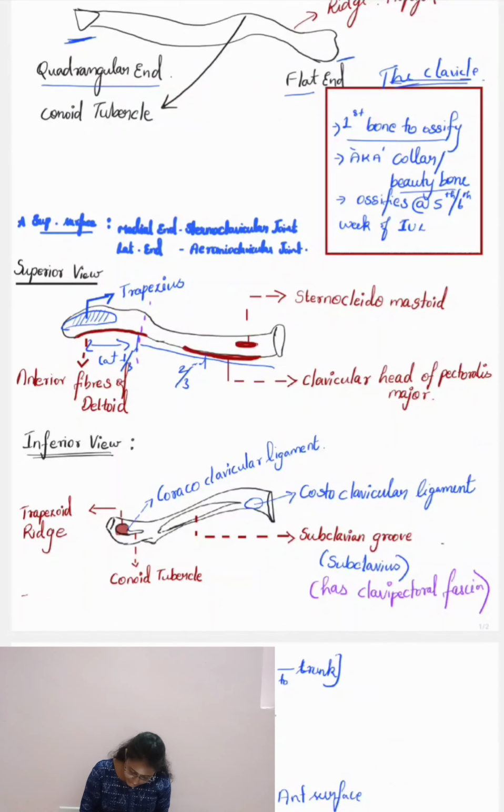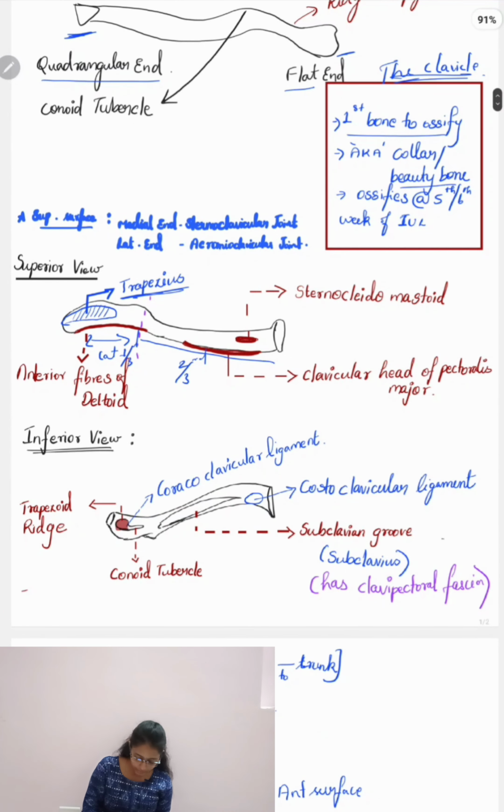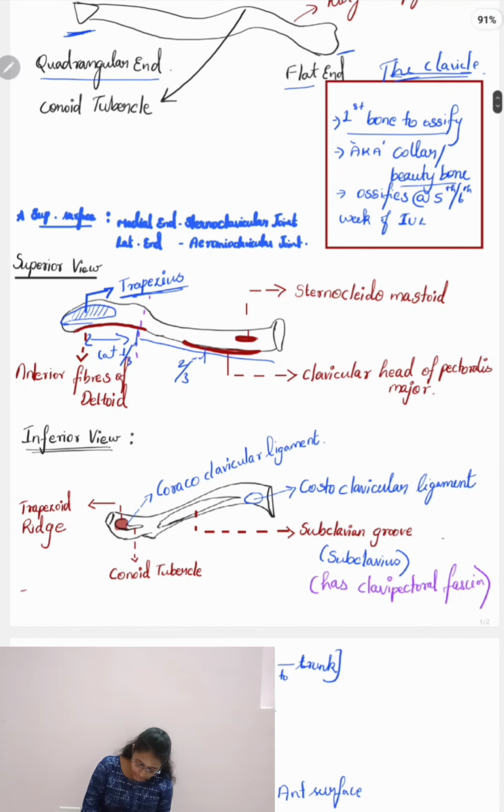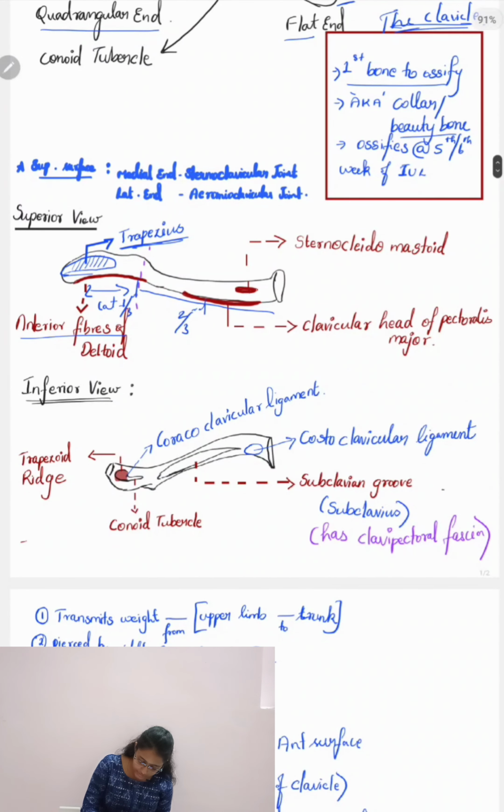This is the trapezius muscle, which inserts in the anterior surface of the lateral 1/3, and the anterior fibers of the deltoid insert to the posterior surface.